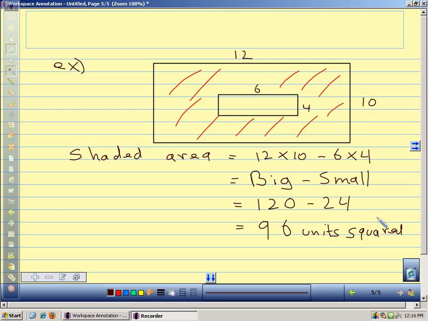Units squared. And also, if you were working on a problem and you weren't sure what the units were and you wrote inches squared or centimeters squared, even though it didn't tell you that, I wouldn't count that wrong. As long as you understood that it was square units, I would be fine with that. Any questions?